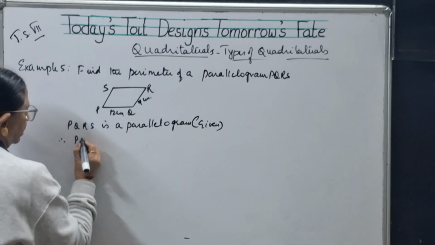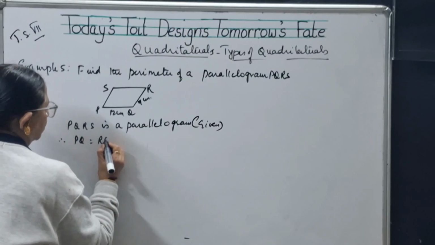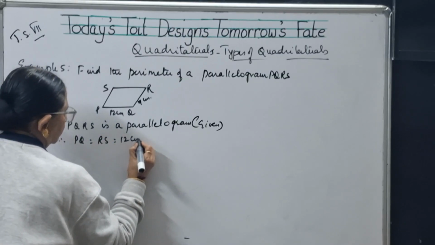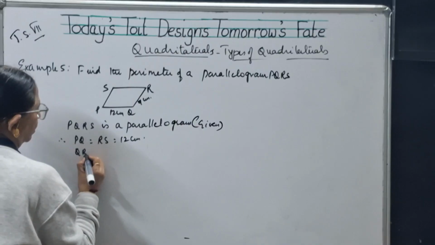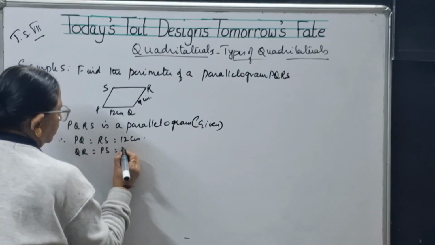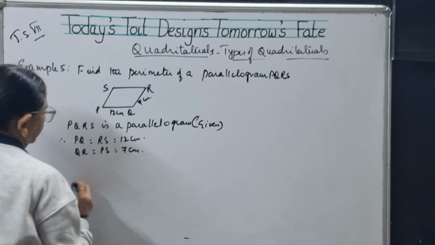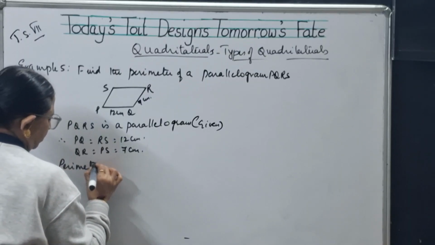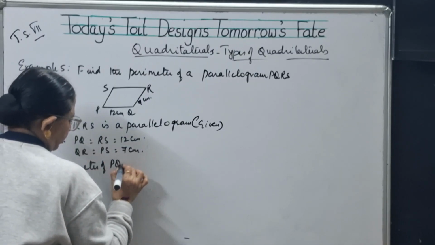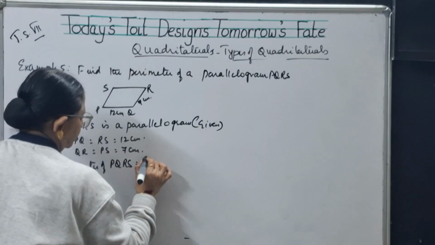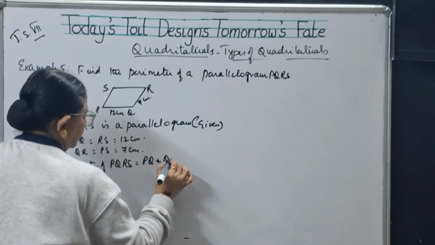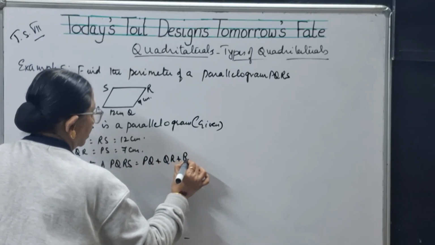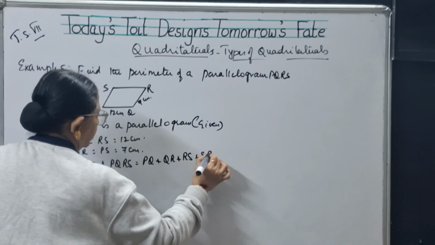Therefore, PQ is equal to RS, that is 12 centimeters. QR is equal to PS, that is 7 centimeters. So, perimeter of PQRS is equal to PQ plus QR plus RS plus SP.